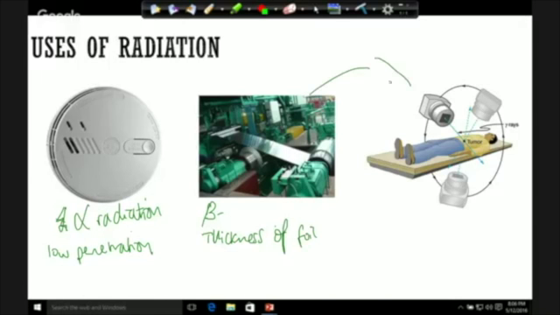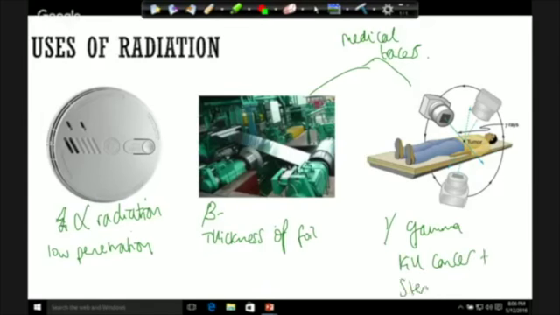Both of these, gamma radiation, which you'll see like this kind of symbol, is used as well as beta radiation for medical tracers. Gamma is also used to kill cancer cells and to sterilize foods. So it will kill the cells like bacteria and things that are on foods.